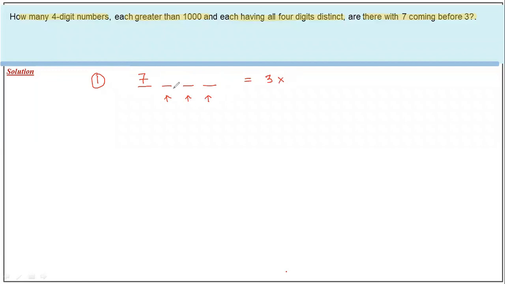Now the other 2 places can be occupied by 8 numbers and the next one by 7 numbers. So total is 168.